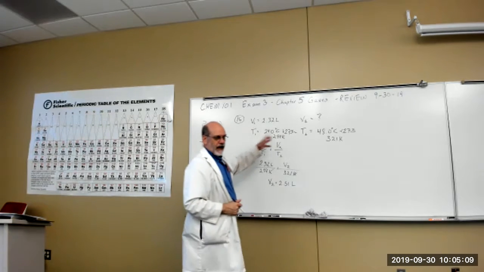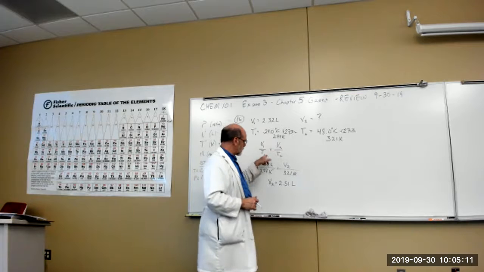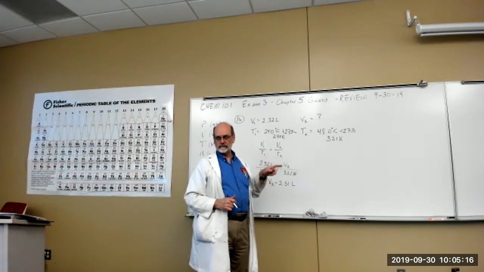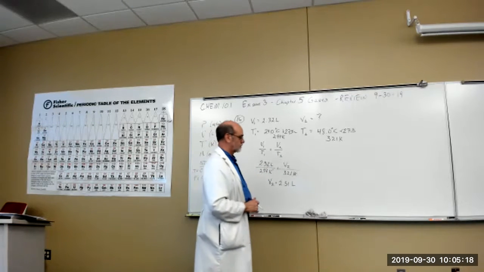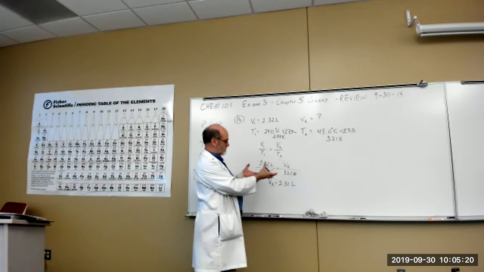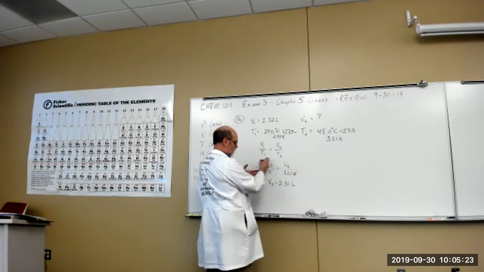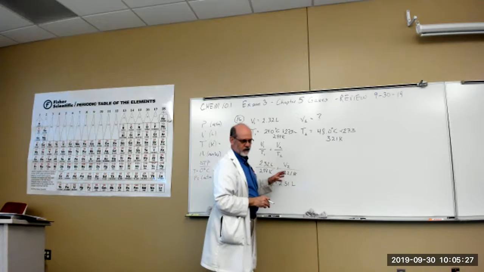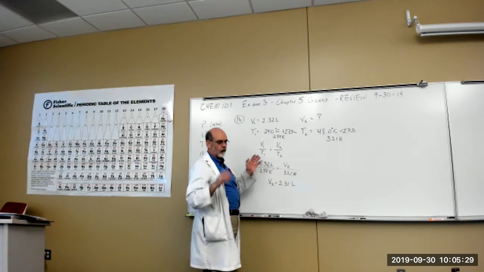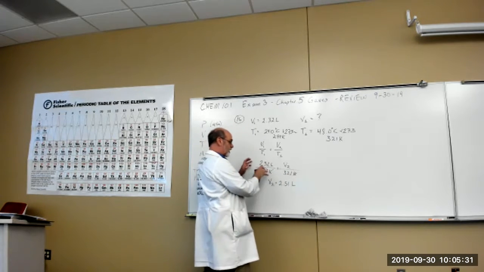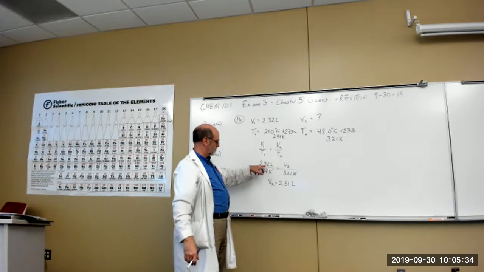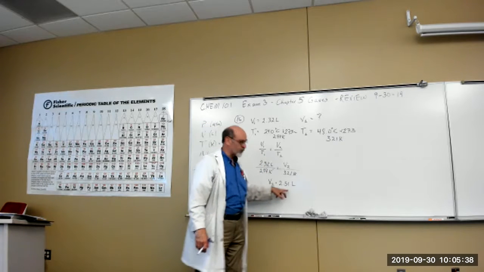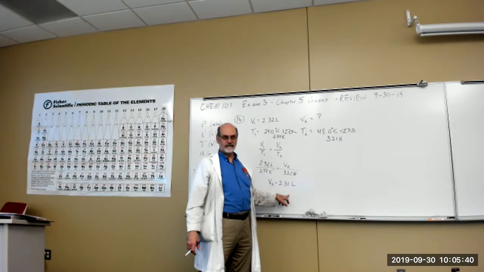Any of these before and after, as long as you get the temperature right, it doesn't matter what the other units are. Right? Because it's a ratio. Right? The K over here is going to cancel. That rule doesn't hold for degrees centigrade. If you use degrees centigrade in there, get it wrong. It's got to be K. But for the others, this could be milliliters. You know, we could say 2,320 milliliters. Then the answer would come out in milliliters.